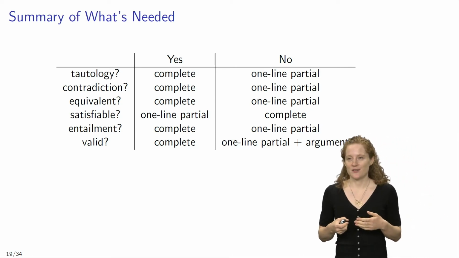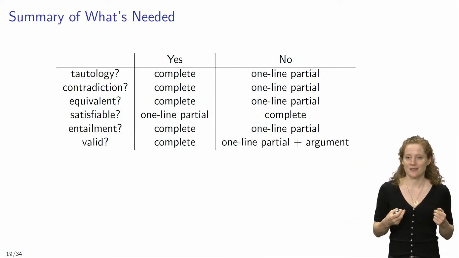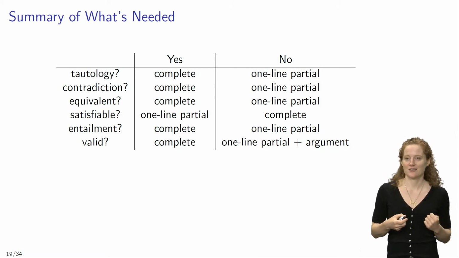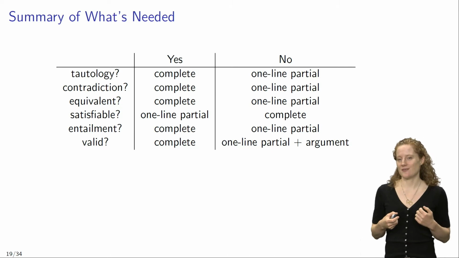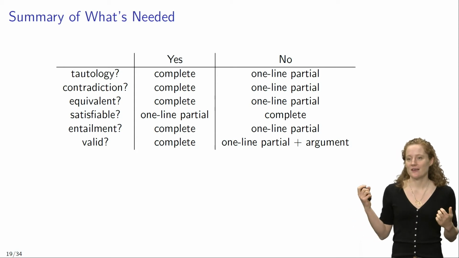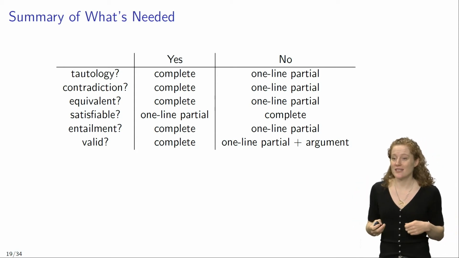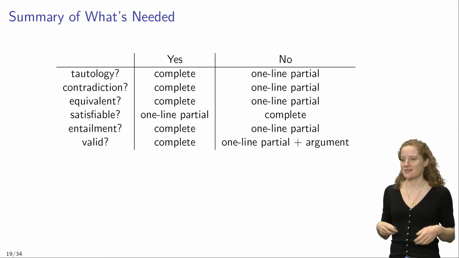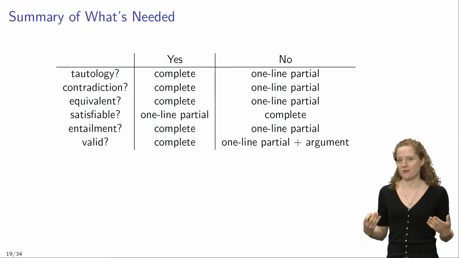In order to show that an argument is not valid, you need to supply a one-line partial truth table in which all the premises are evaluated as true, but the conclusion is evaluated as false. And furthermore, you need to supplement this truth table with a quick argument showing that this one line in the truth table represents a genuinely possible scenario.